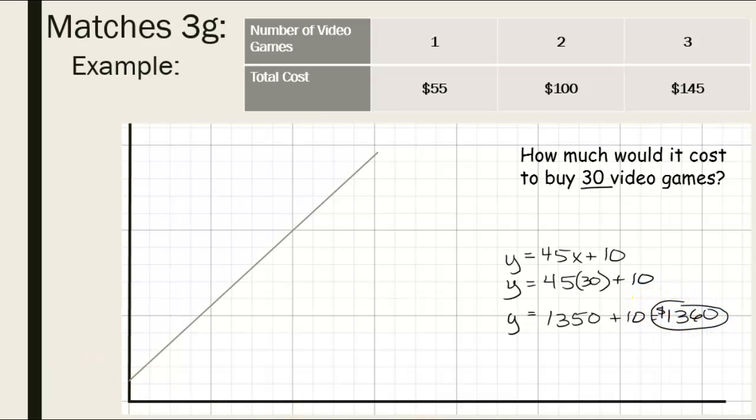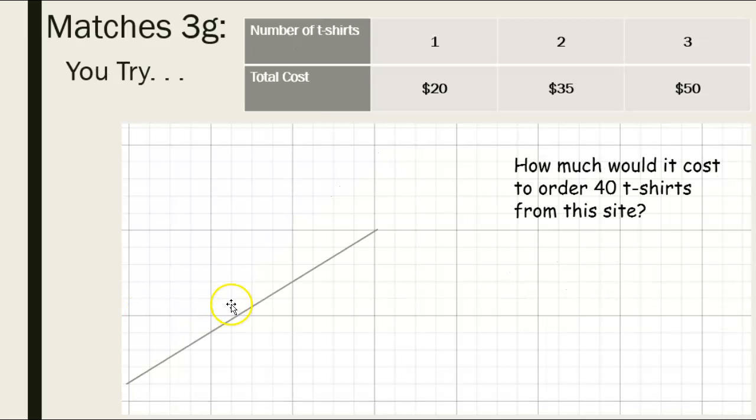All righty? Now, next problem, I'm going to go ahead and help you guys out, and I'm going to write down what that equation was. We had y is equal to, we have a y-intercept of $5, and then these things were $15 per t-shirt. So please pause the video now, work this problem out, and then we'll check your answer when you get back.